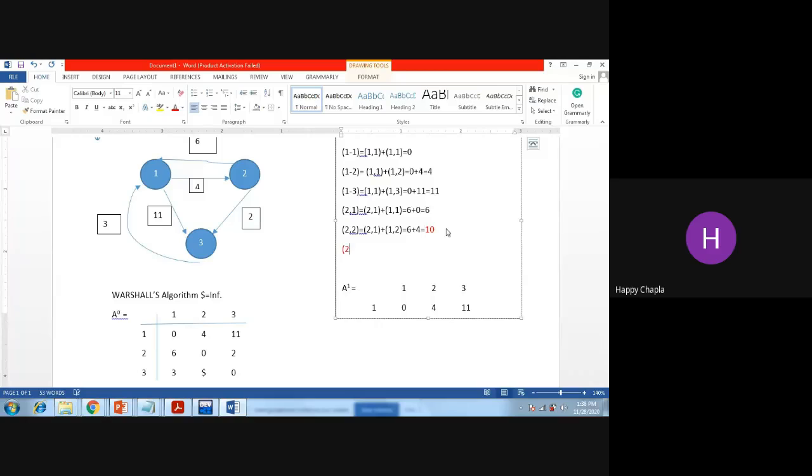नाउ नेक्स्ट इज 2 to, हमें मूव करना है 2 to 3, 2 to 3, बट द सिचुएशन इज 2 से पहले 1 जाओ, उसके बाद 1 से 3 जाना है। 2 से 1 का पाथ क्या है? 2 to 1, दैट इज 6, प्लस 1 to 3 का देखो, 1 2 3, दैट इज 11.